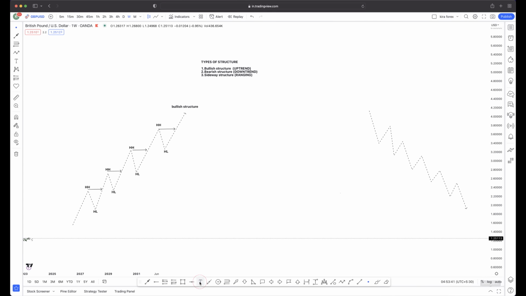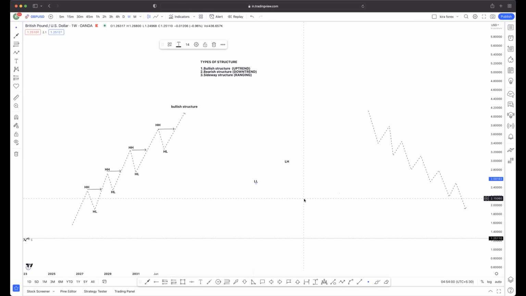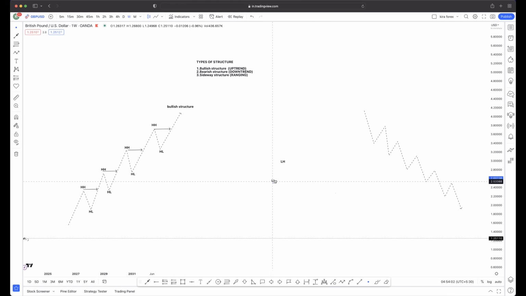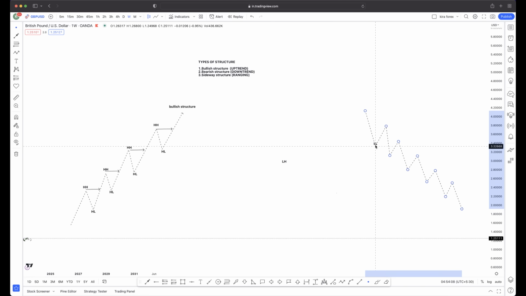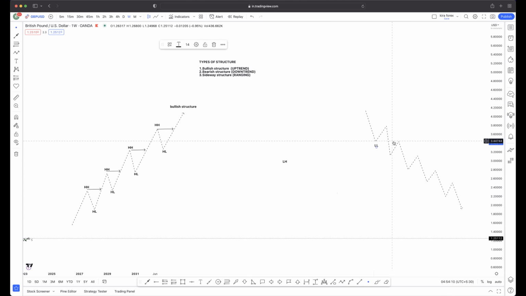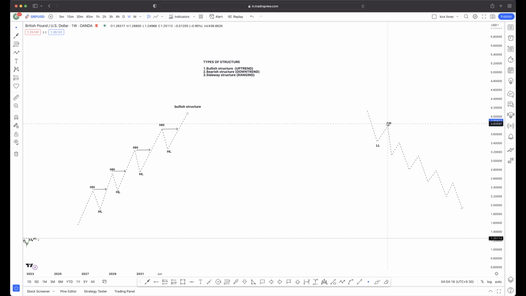Now let me fix in the text for lower high and lower low. Like I said, I'll keep repeating it: structure is the king. Structure tells you what the market is saying, or what price is saying. If you are able to identify your structure, then you know where to enter your trade and where to exit your trades.